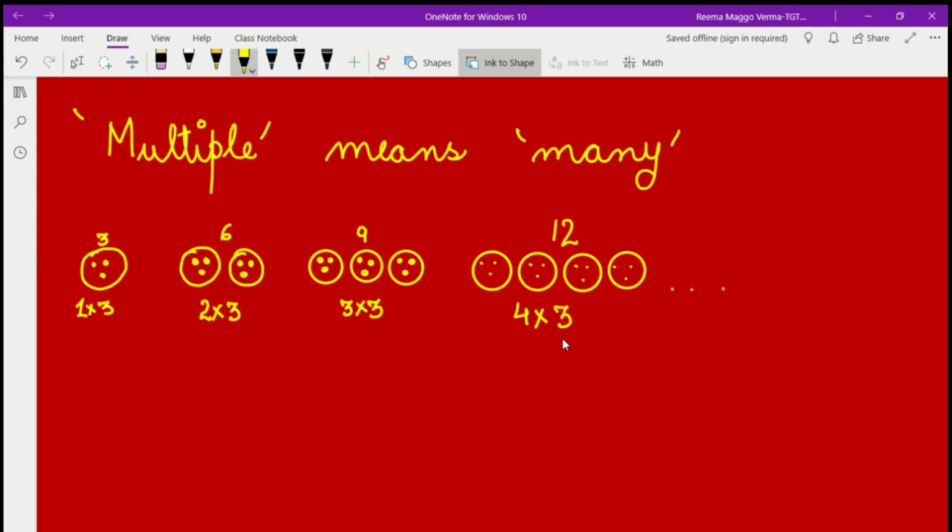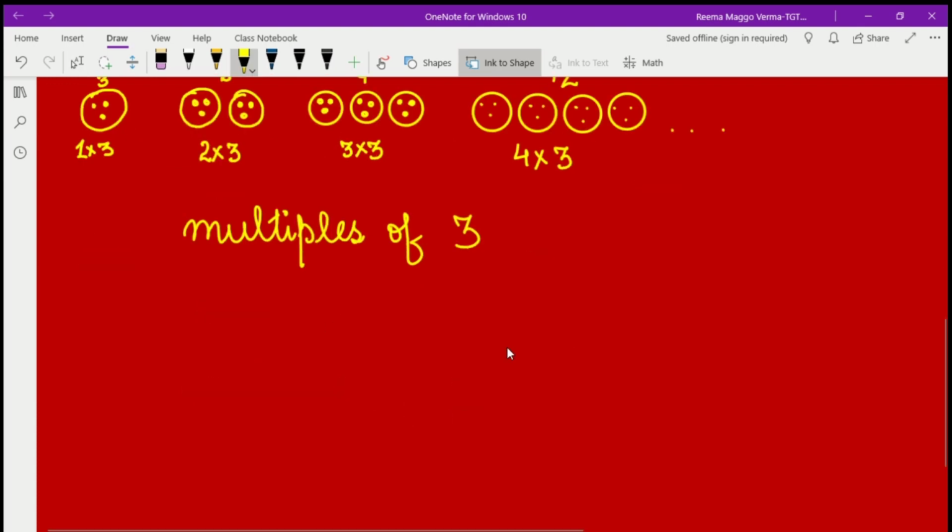So on and on, the multiples go on and on. As many groups as I take, I will get more multiples of 3. So multiples of 3 are shown above and they are never ending. I can go on taking groups of 3 as many as possible.